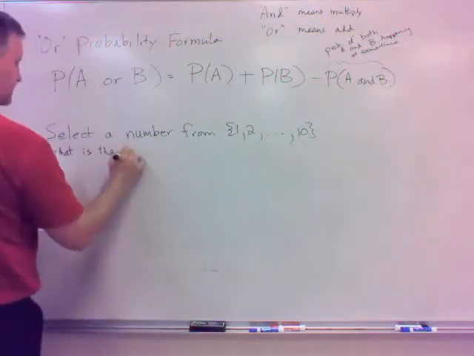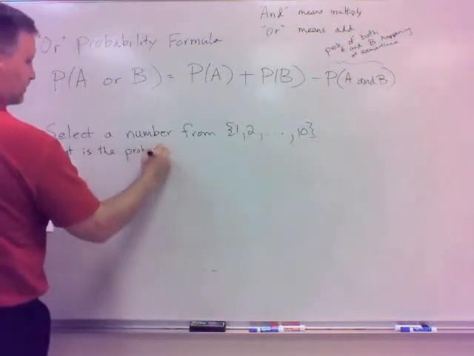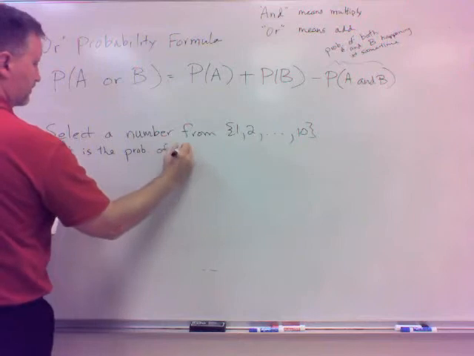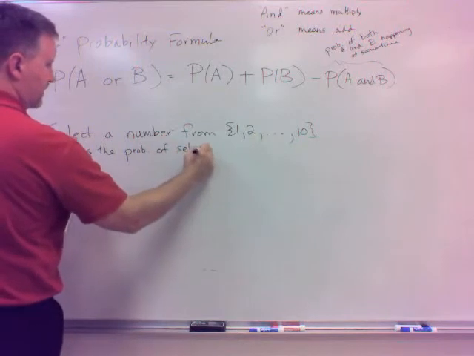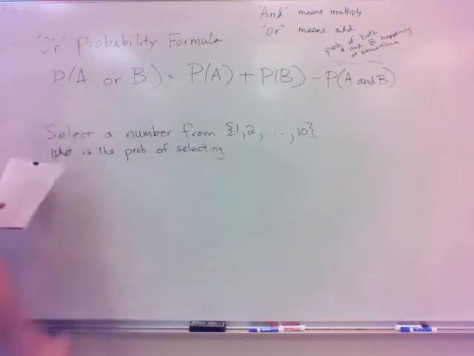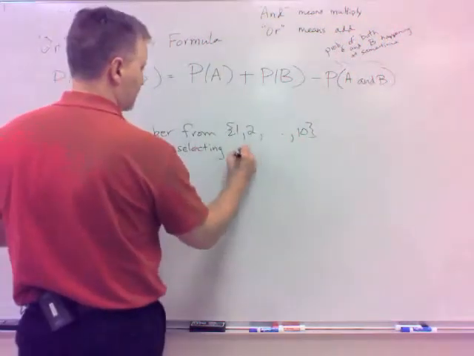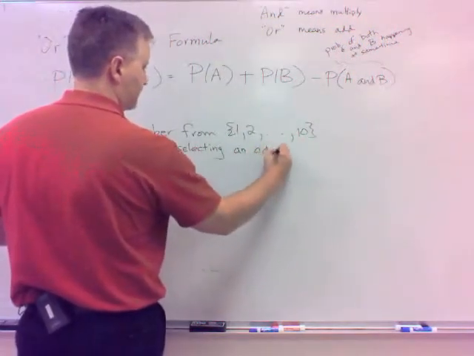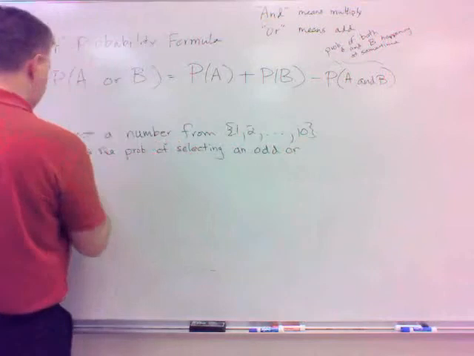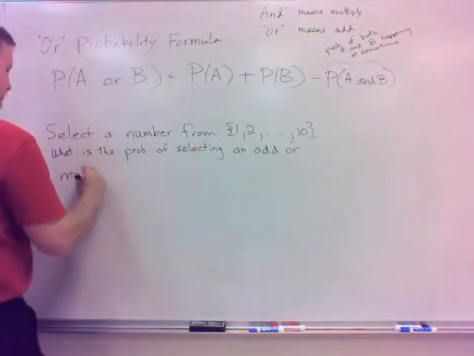What is the probability of selecting, let's say, an odd or a multiple of 3? Odd or multiple of 3.